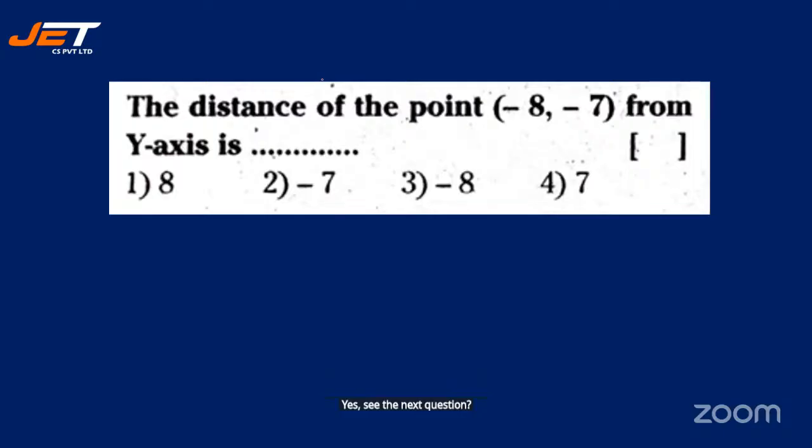The distance of the point 8, -8, -7 from y-axis is dash. From y-axis. Quickly give me your answer, students. From y-axis.